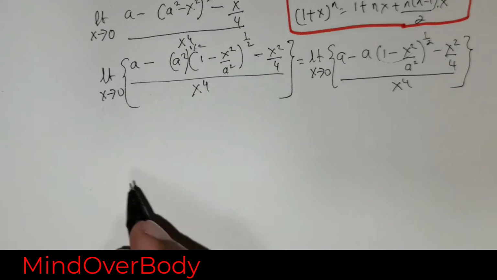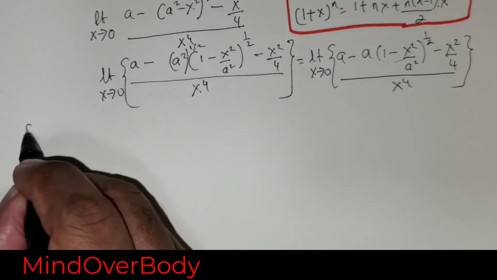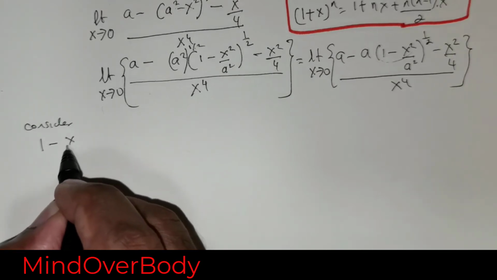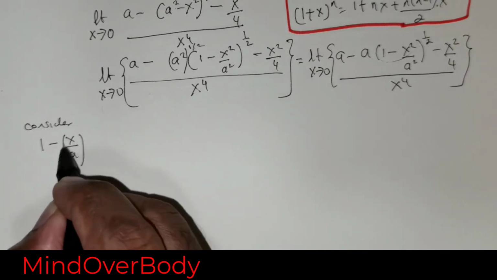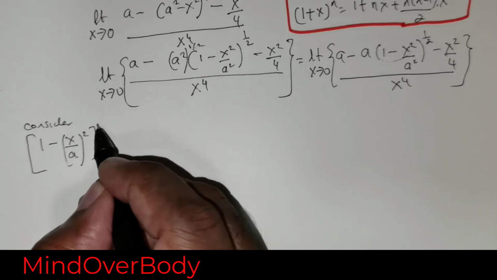So for that, let me just use this space here. I'm going to consider 1 negative x over a, raised to the power of 2, and this is raised to the power of 1 over 2.